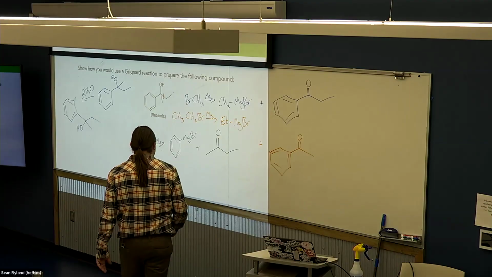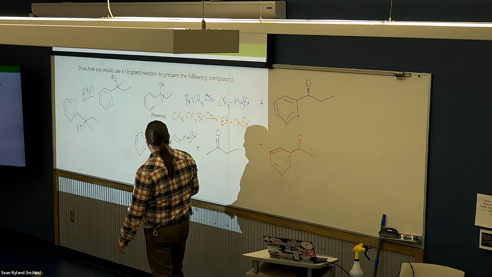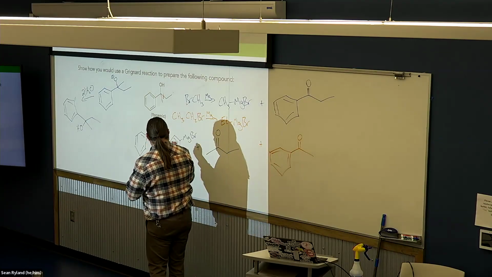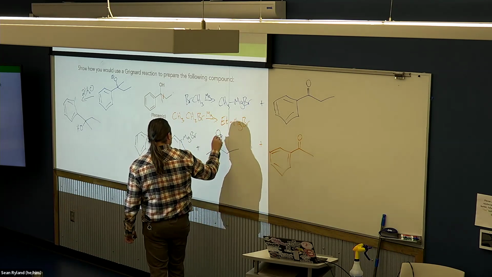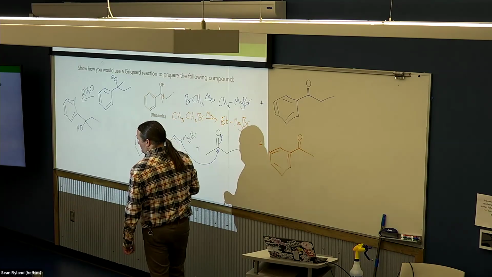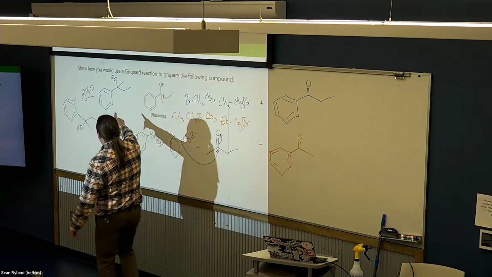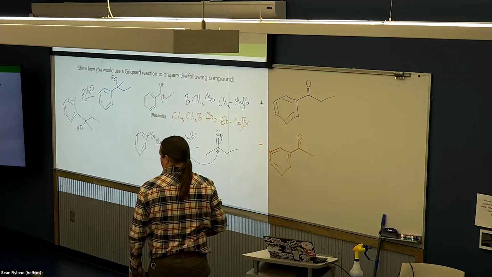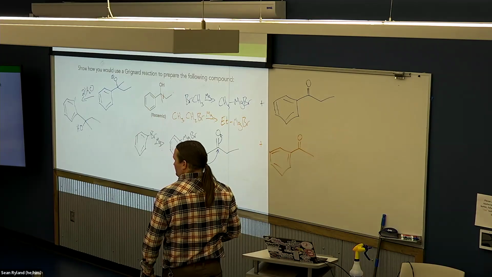Can we finish the lab? So it's going to make the same intermediate. If we wanted to draw this, those electrons come over here and break pi bonds, and that's going to give us the same intermediate. And then add water.